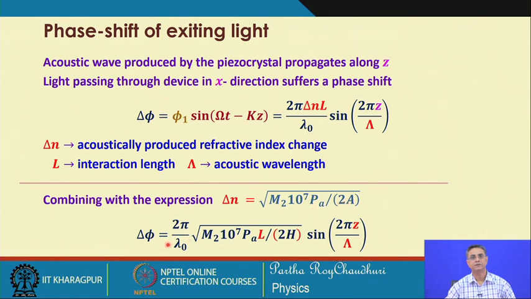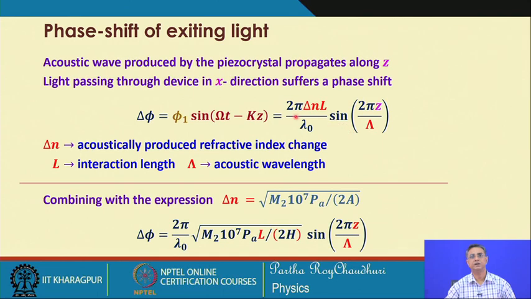Therefore, this delta phi will be given by this. Delta phi involves one more L in addition to this, so this is twice pi by lambda. Now, L goes upstairs and this becomes twice A. So, this is L into H and you have L outside. So, you get this.